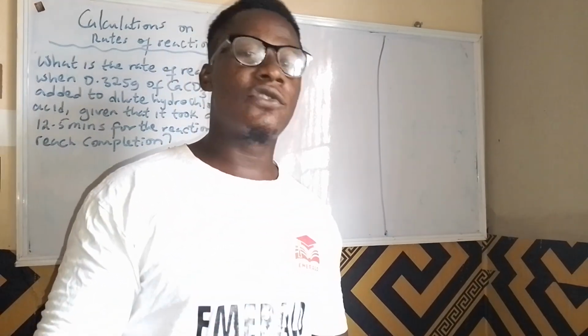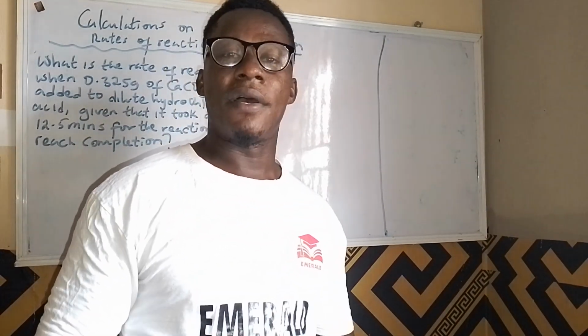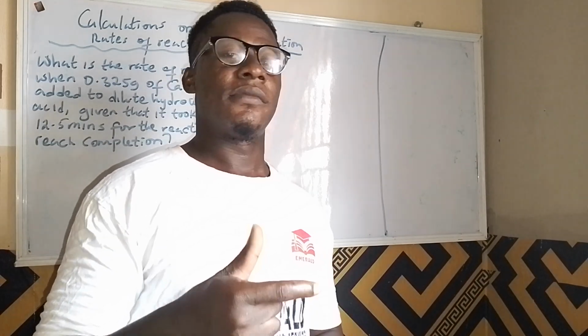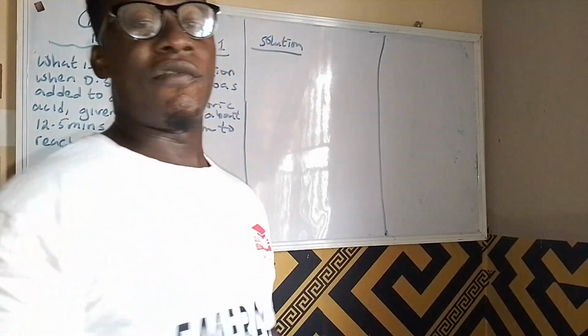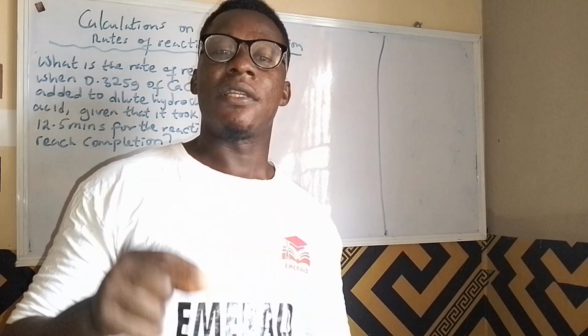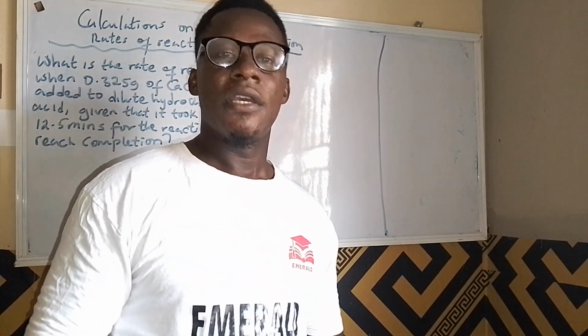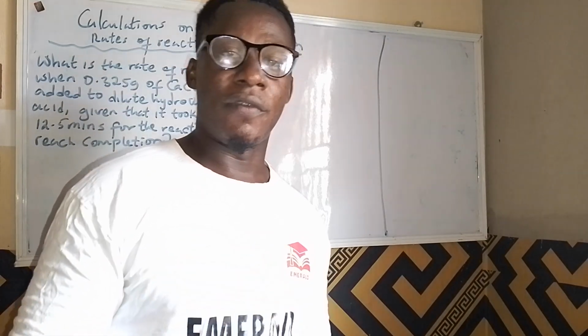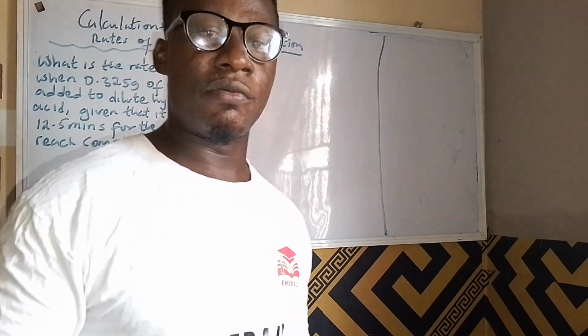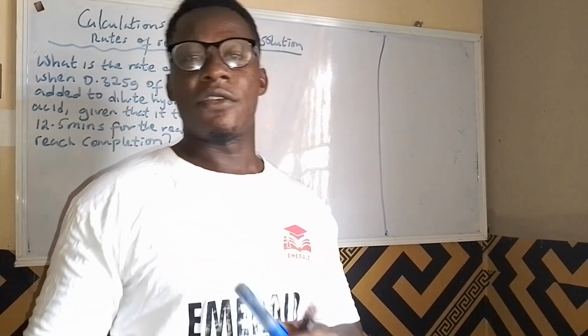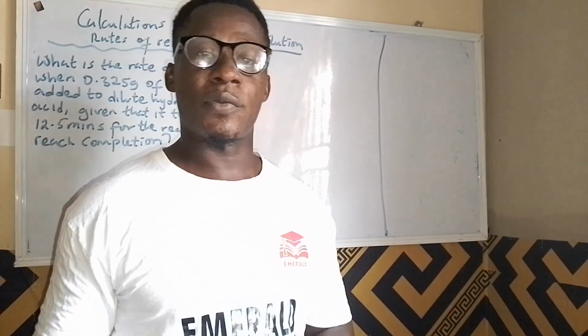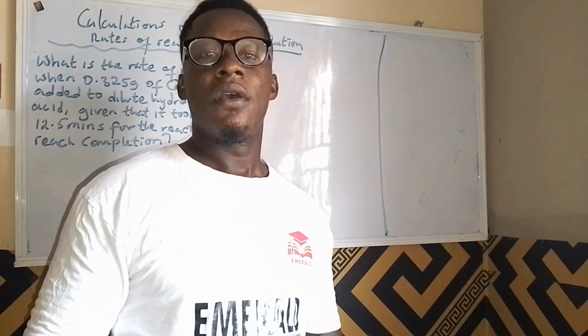For rate of reaction, we have mass over time. Mass is measured in gram, time is measured in minutes. We also have volume over time, volume in centimeter cube, time in minutes. Then when it comes to amount of substance, that's mole over time. So each of them has a unit, as the case may be.